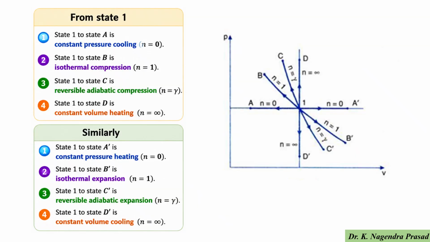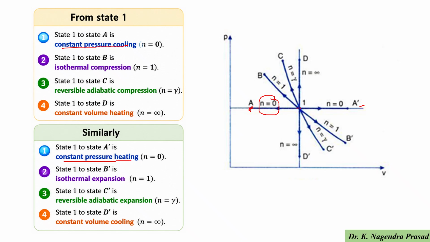So let's observe the PV diagram for the special cases of the polytropic process. Here state 1 to state A represents the constant pressure process where n equal to 0, and 1 to A is the constant pressure cooling, and 1 to A dash is the constant pressure heating.